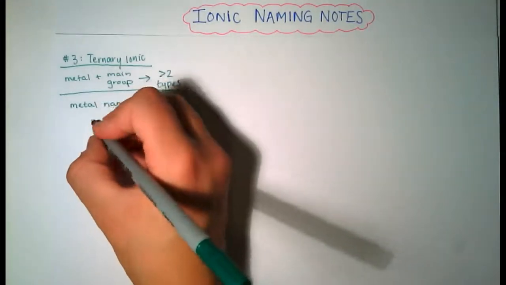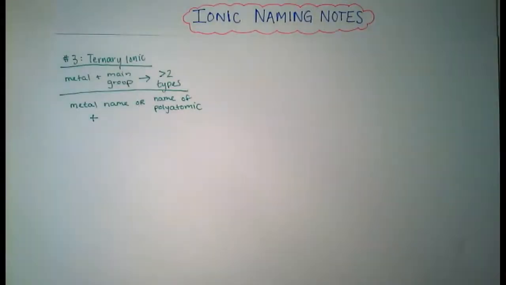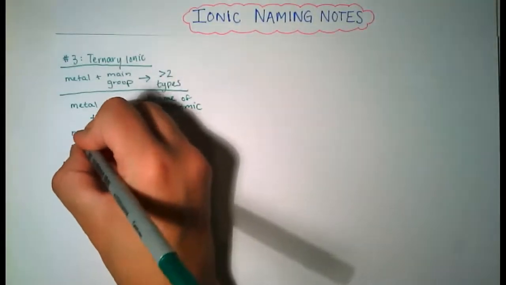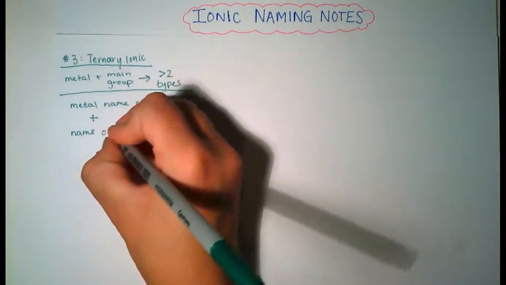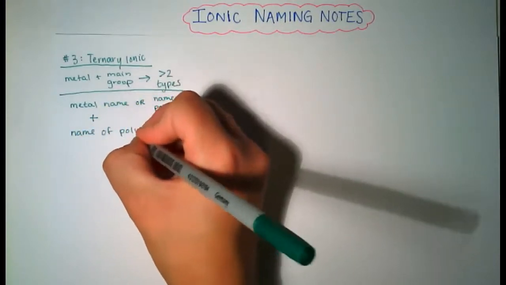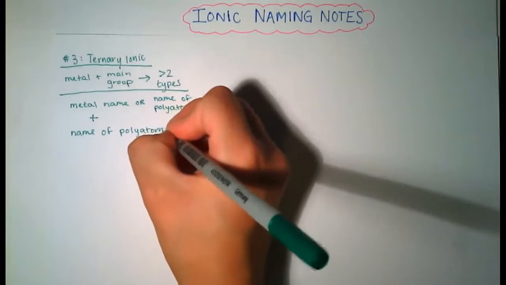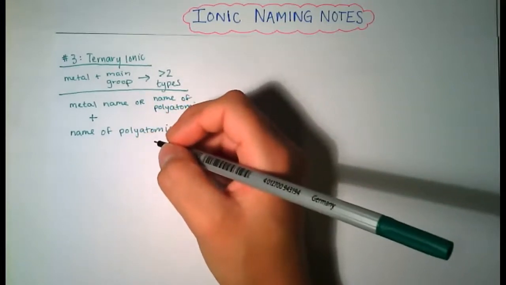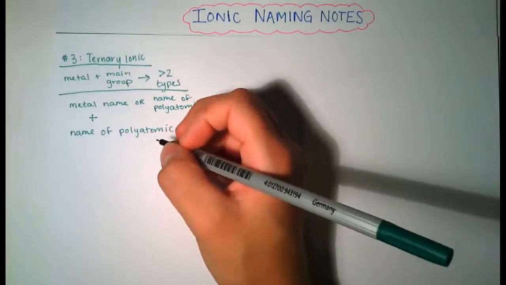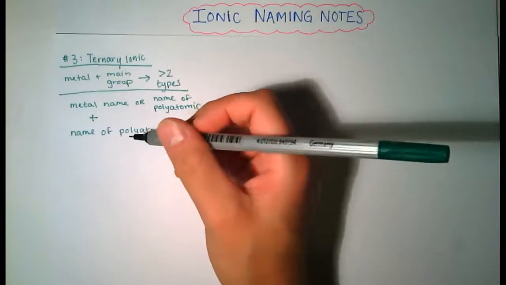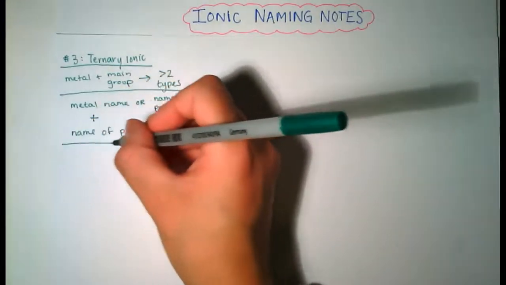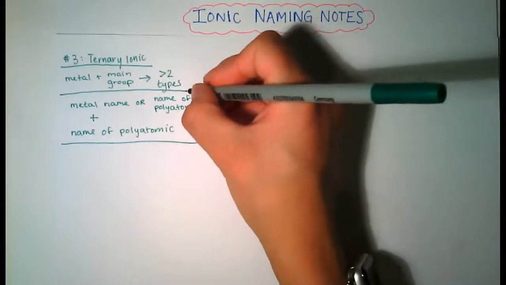And then the second part of our ternary ionic compound is almost always just going to be the name of a polyatomic ion. There are a couple maybe rare scenarios where this won't be true, but generally speaking, it's always going to be the name of a polyatomic ion. So let's try an example of this.